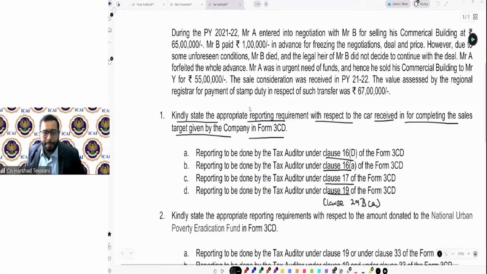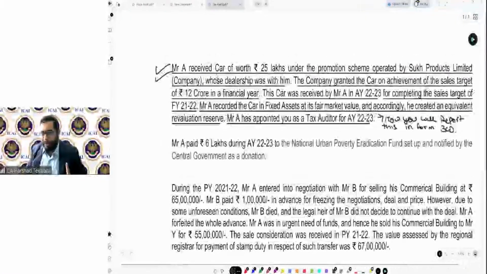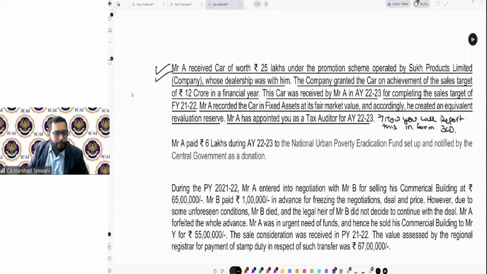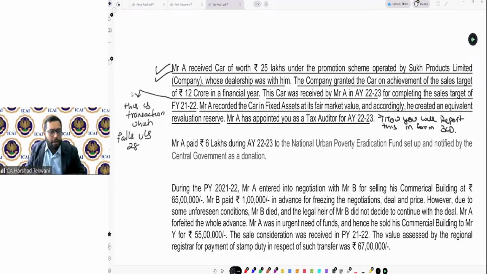So for this particular transaction, first of all, let's see whether this transaction falls under section 28. Does this transaction fall under section 28 or not?